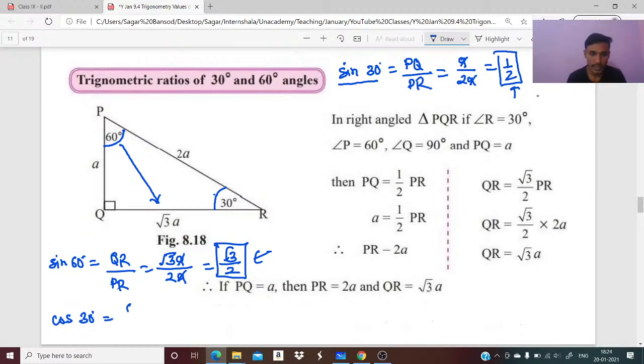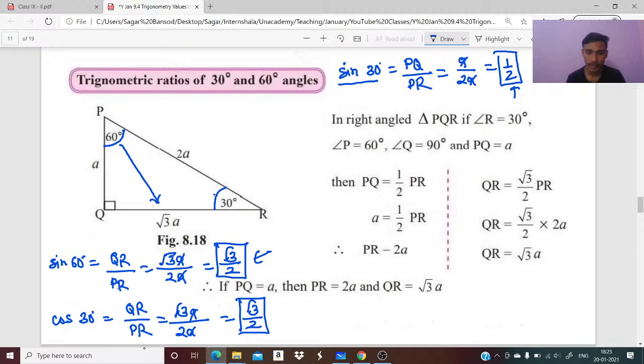So your cos 30 degree will be QR upon the hypotenuse, which is PR. Your QR is under root 3A and your PR is 2A. Therefore this A will get cancelled out and your cos 30 degree will be equal to under root 3 by 2.